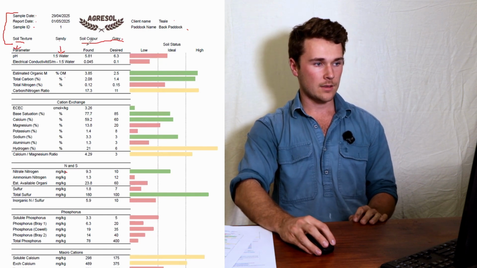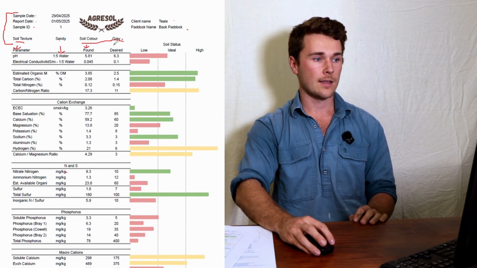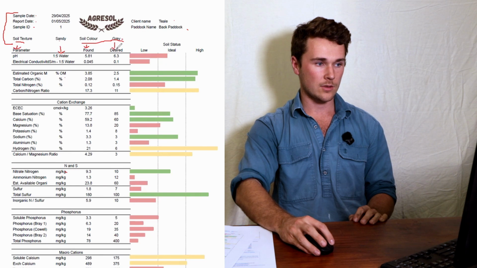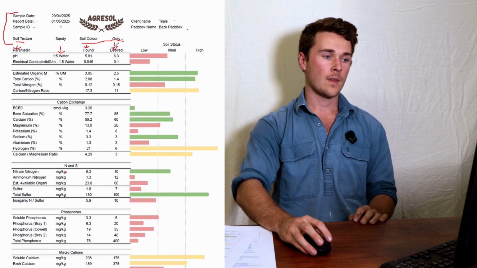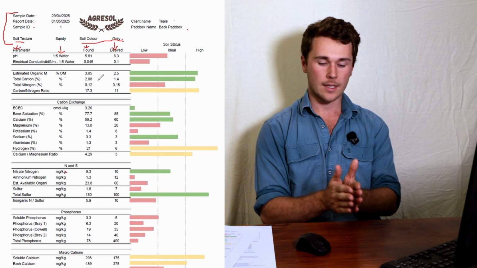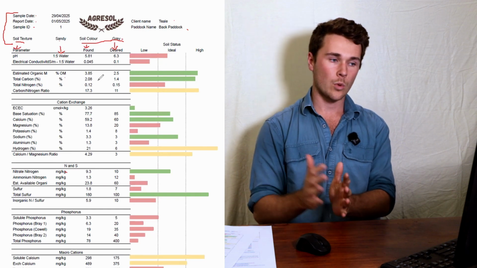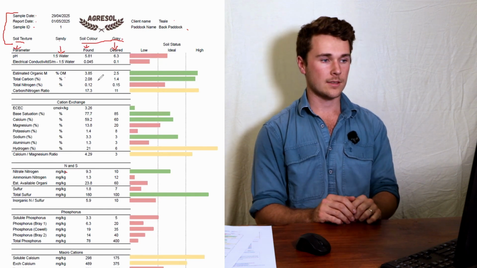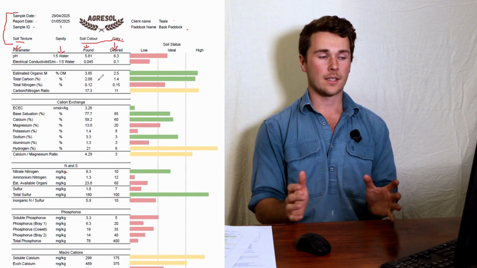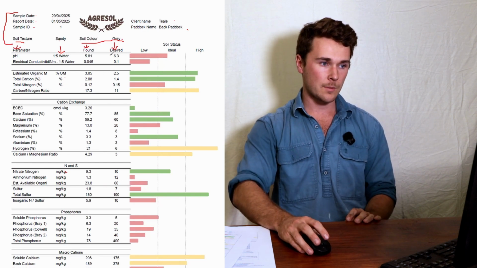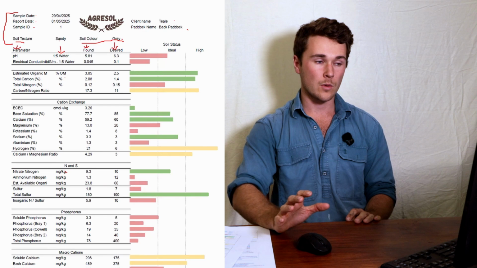We have what's found in your soil test, in your actual soil. So this is what we found, and then that's the desired level here. This is what we want to be aiming for. Sometimes it needs to be greater than this number. Other times it needs to be around this number, so a 10% deviation from the number, which is typically what we have here, apart from a few things.